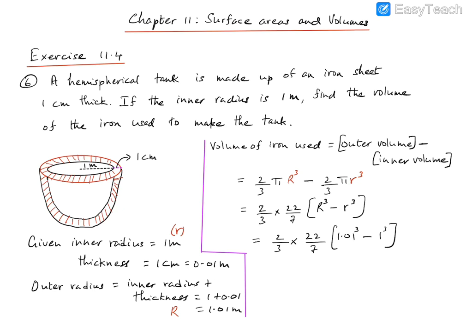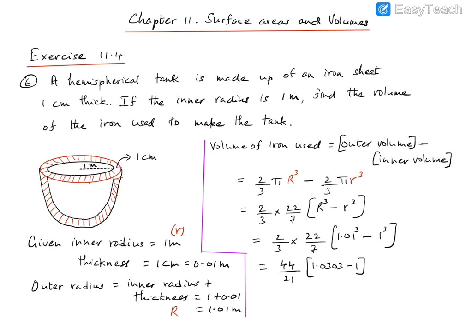We'll have it as 44 by 21. That's 2 into 22 is 44 and 3 into 7 is 21. So we have 44 by 21 into 1.01 cube minus 1 cube. 1.01 cube is 1.0303 minus 1, since 1 cube is 1.